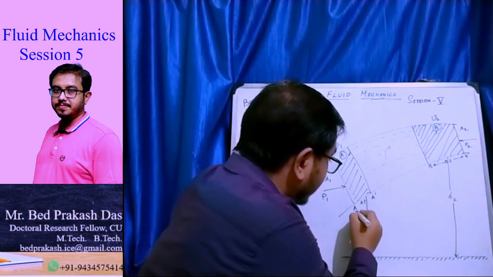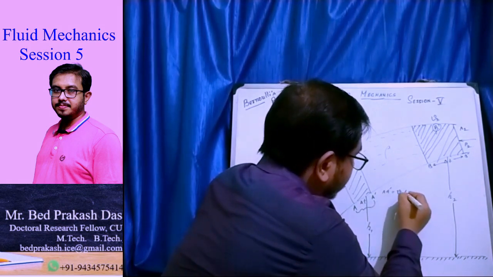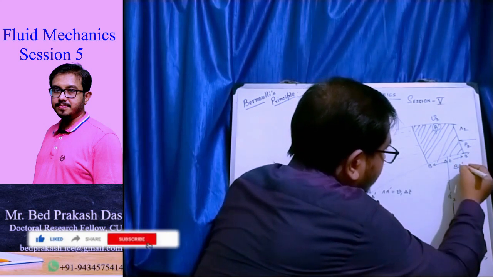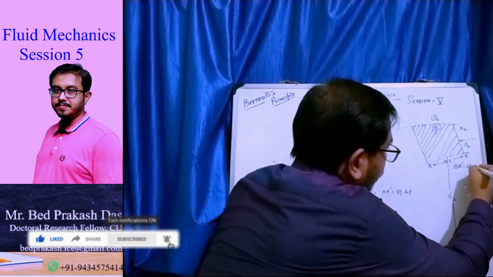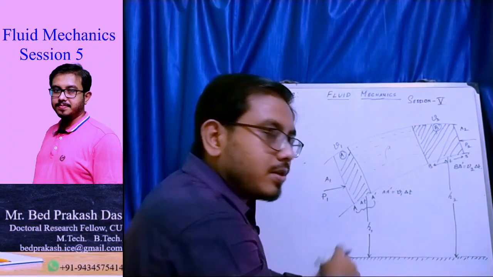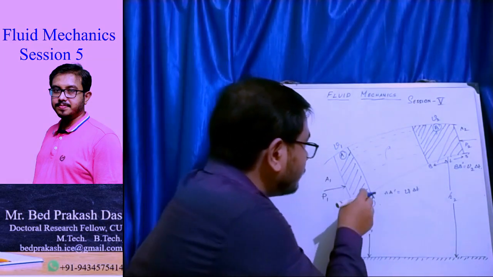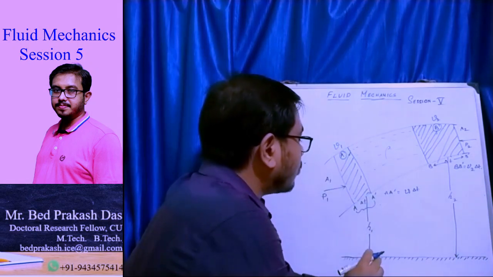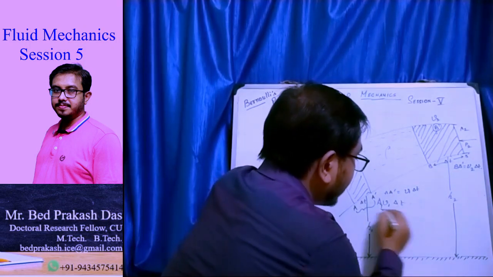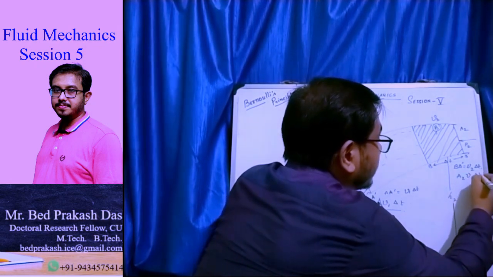For this particular distance A to A dash, we can calculate it as v1 delta t, and for the distance B to B dash as v2 delta t. Accounting for this portion, the volume of the fluid is A1 v1 delta t, and for this portion it will be A2 v2 delta t.